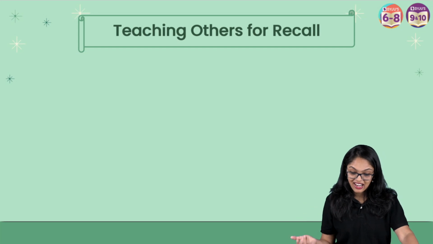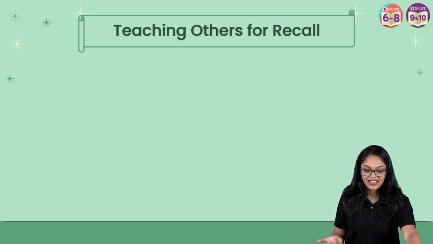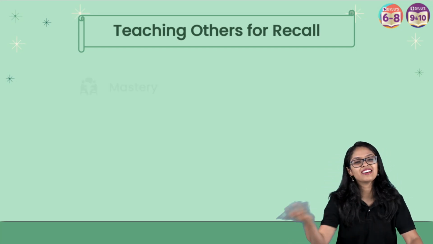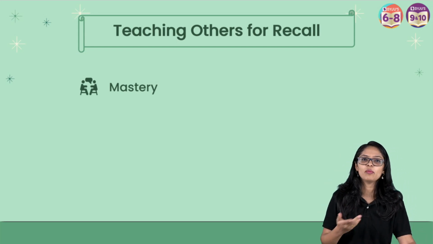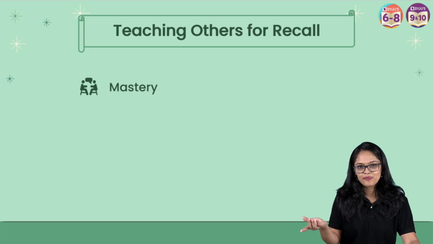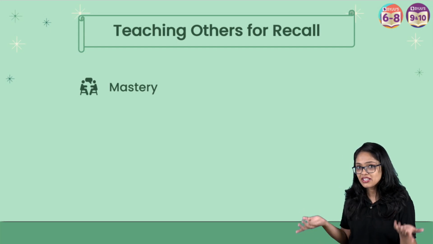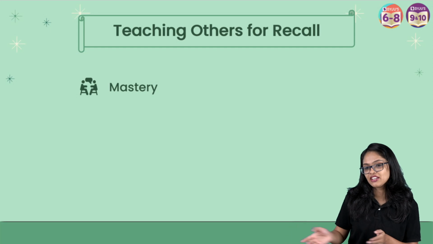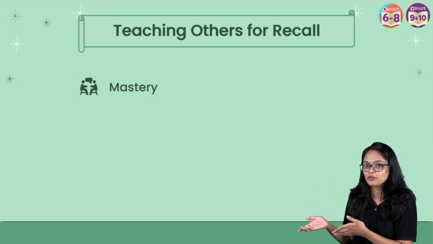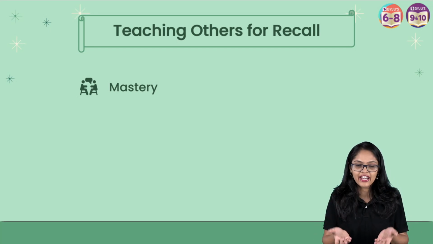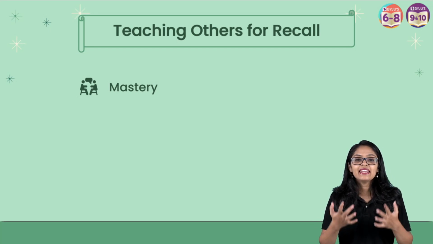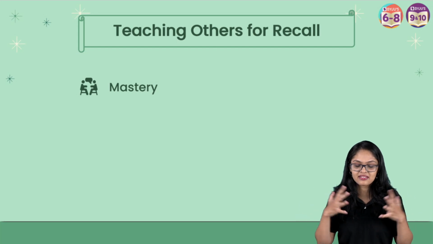Teaching others actually helps you master a concept. If I have studied chemical reactions, and I teach the same thing to a person sitting next to me, a friend or a sibling, I can easily master the concept.